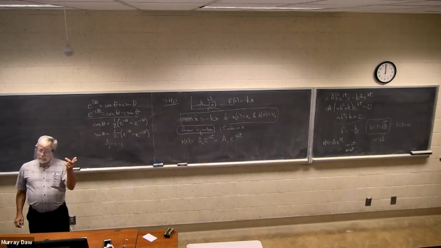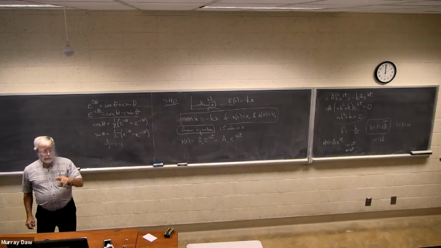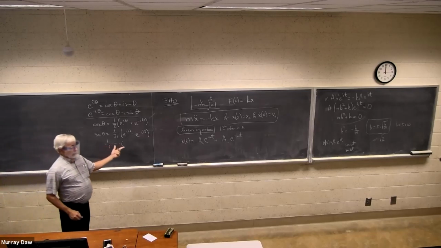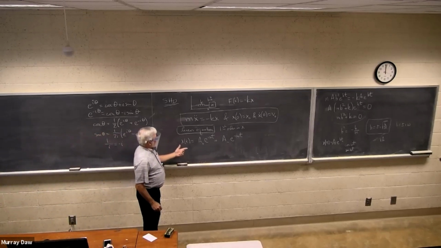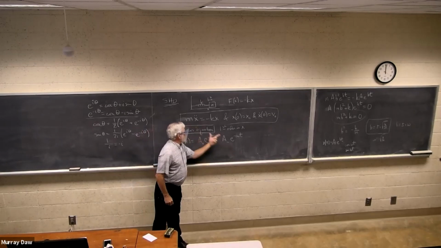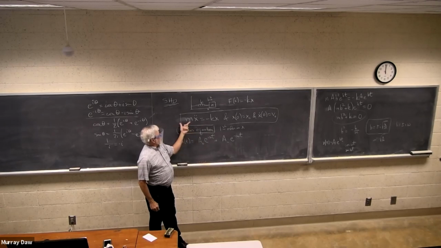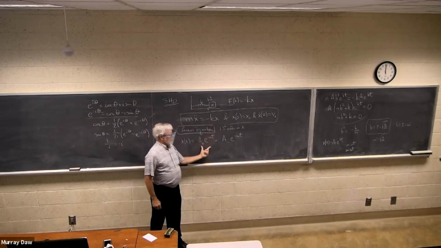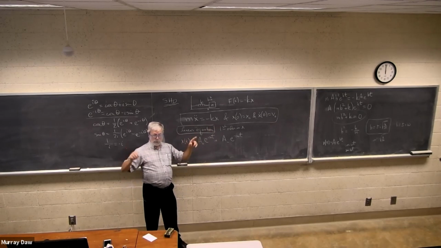So we form something that looks like this. e to the i omega t is a solution, so is e to the minus i omega t, and so is a linear combination. This is a solution to the differential equation, which you can demonstrate by substituting these two parts together here. There will be one part on the left-hand side which corresponds to this, and one part on the right-hand side which corresponds to this, and those match.